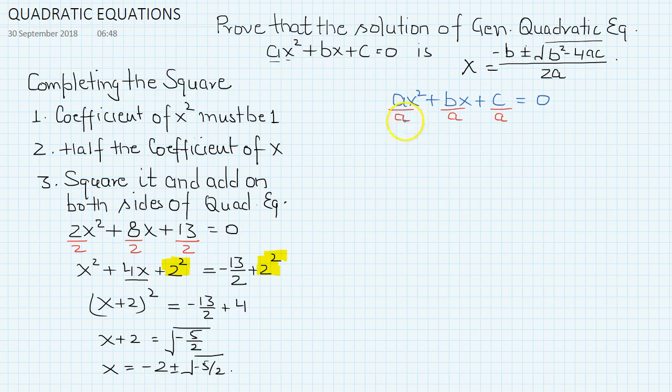And the way we have done here, this is cancelled, so this is x square plus b over a x is equal to minus c over a. Now the half of this is b over 2a. We have to square it and add b over 2a squared. The way we added plus 2 square here, the same thing we are adding here on both sides.